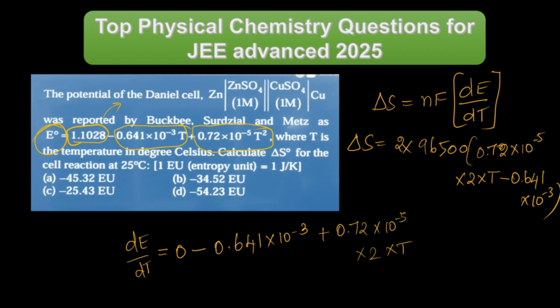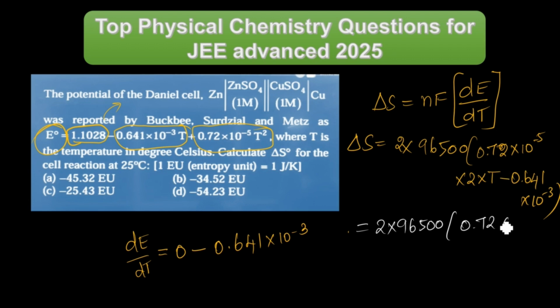So once you have found this, I'm erasing this, okay? Once you have done this, you can start solving it. So here I'm having 2 into 96,500, and for T, temperature, that is 25 degrees Celsius.